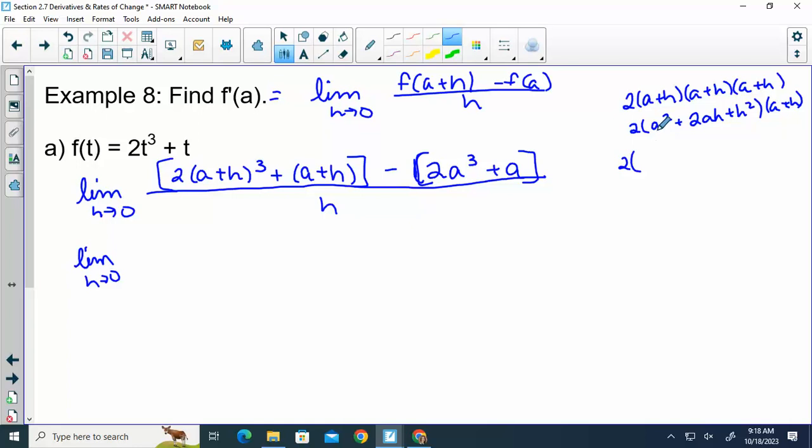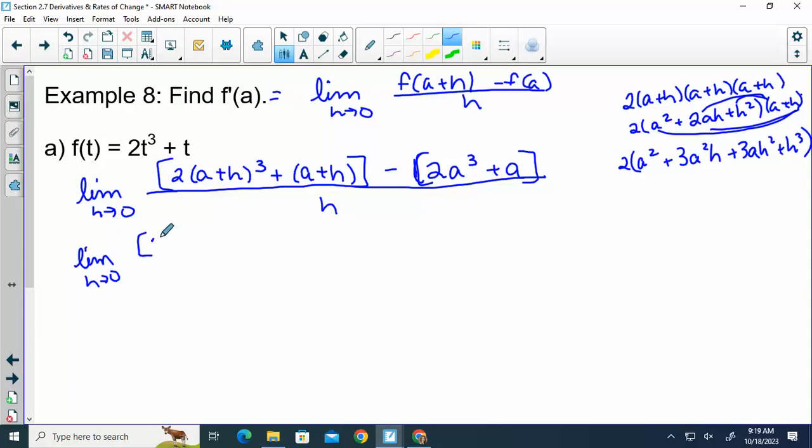So now if I distribute, a squared times a is a cubed plus a squared h, and that would be a 2a squared h, so we get 3a squared h. 2ah squared and 1ah squared would be 3ah squared. And then h times h squared is h cubed.